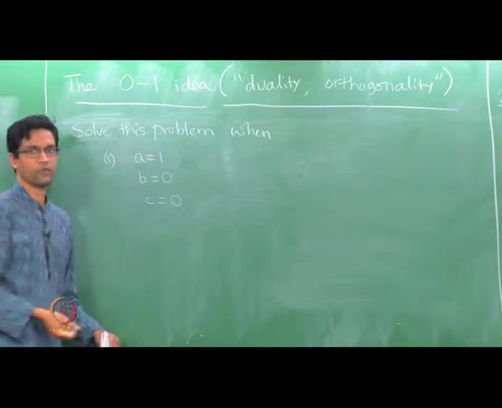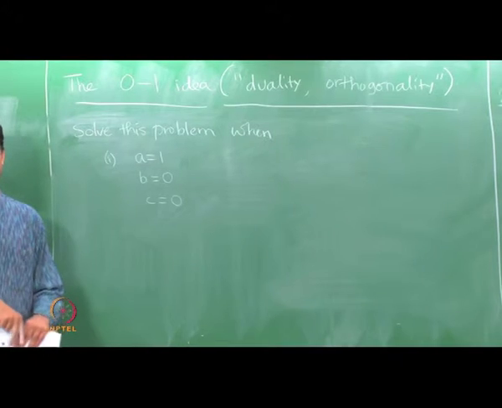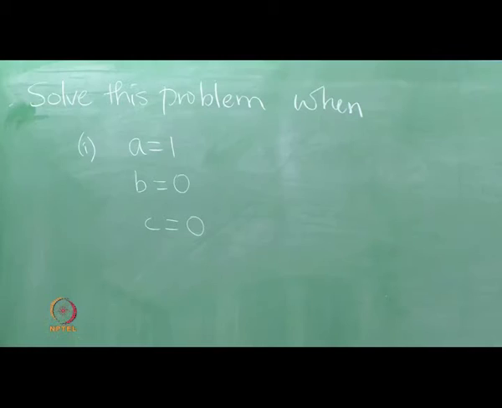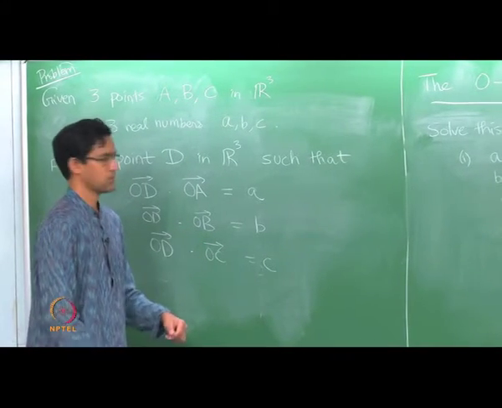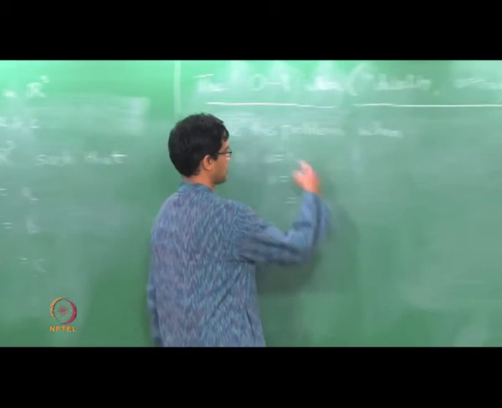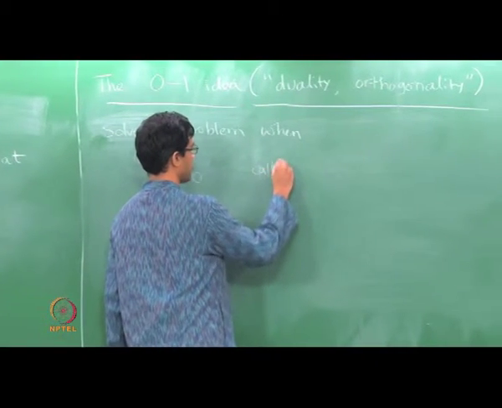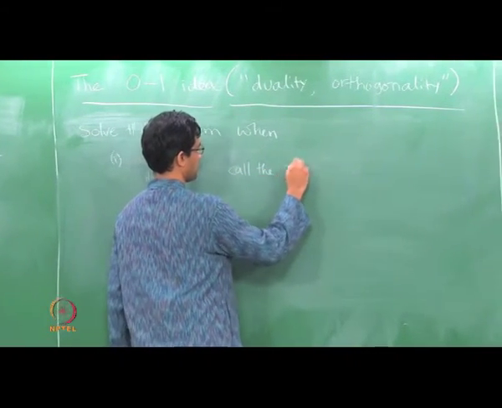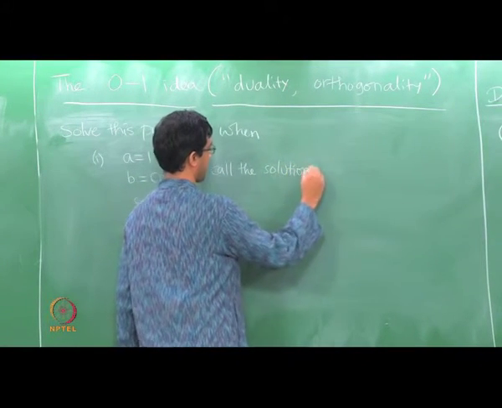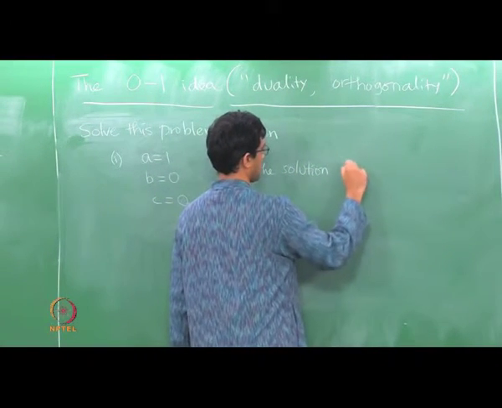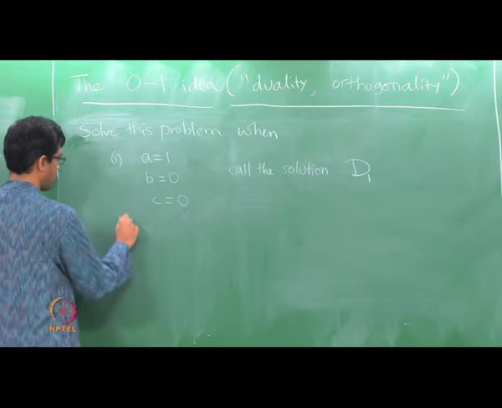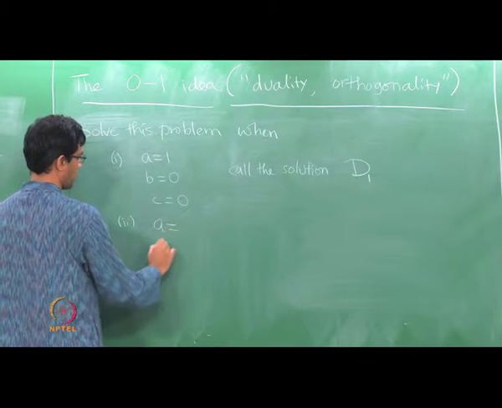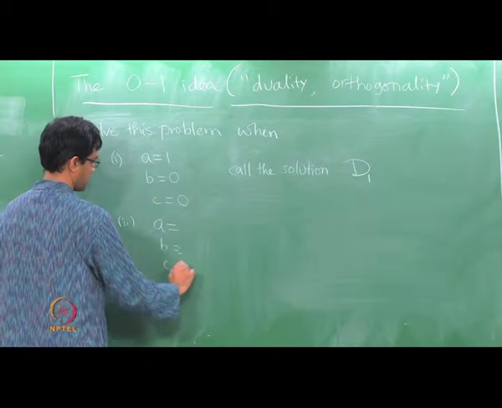In other words, I want to find a point D such that the position vector of D has dot product 1 with OA and has dot product 0 with the other 2 fellows. Okay. So, that is the first thing. Let us call the solution, instead of D let us call it D1. So, similarly let us solve another problem.